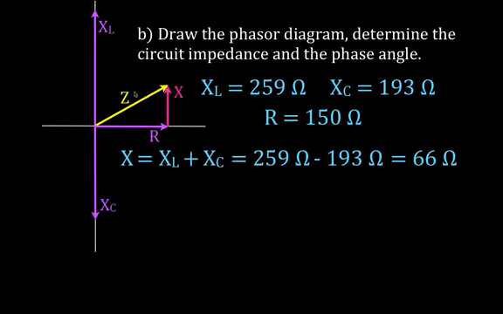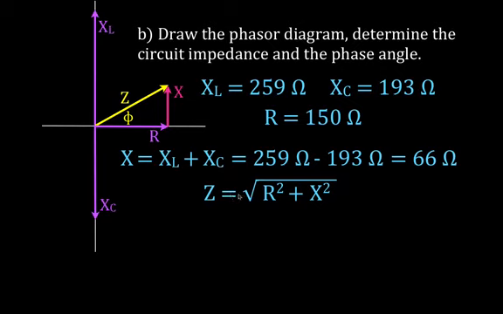Now we're going to use the Pythagorean theorem because this is a right triangle, and we have a squared plus b squared is c squared, and we want to know what c is, which in this case is Z. And we have our angle phi. That is the angle by which the voltage is going to lead the current in this case because it's a more inductive circuit. So here's our Pythagorean theorem, and we take the square root of both sides.